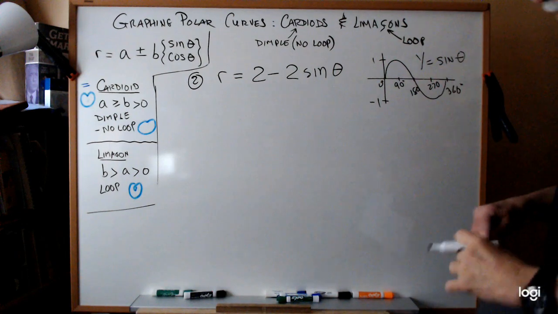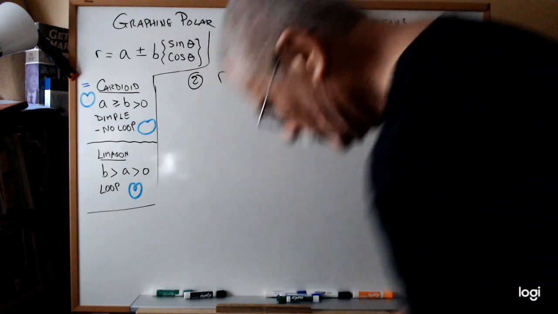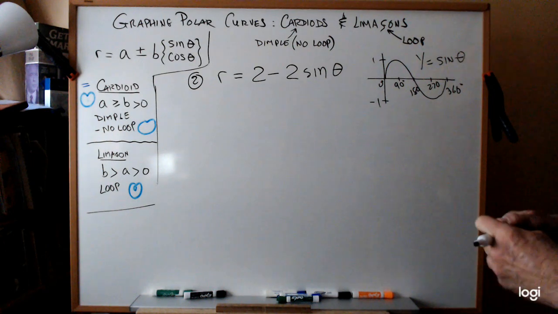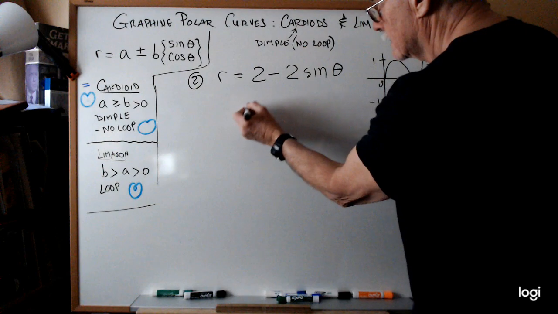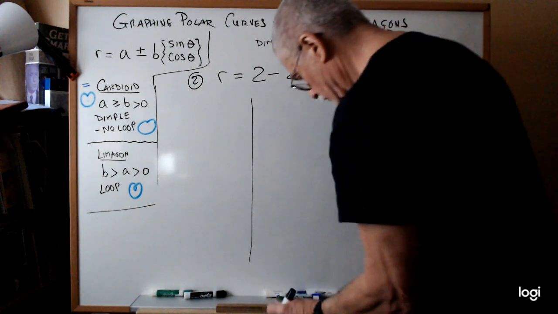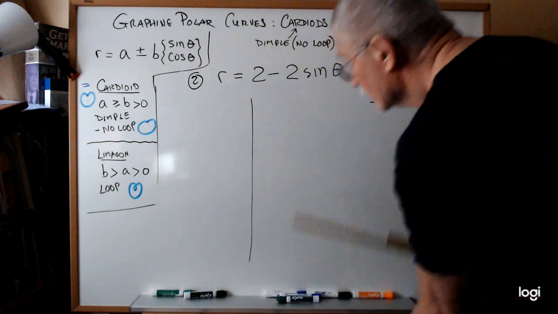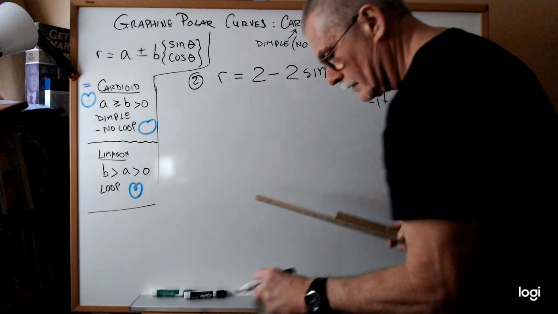Okay, so let's take a look at this. In order to do this, I'm going to need to make a grid. That's not very good, so let me see if I can take a little bit longer.